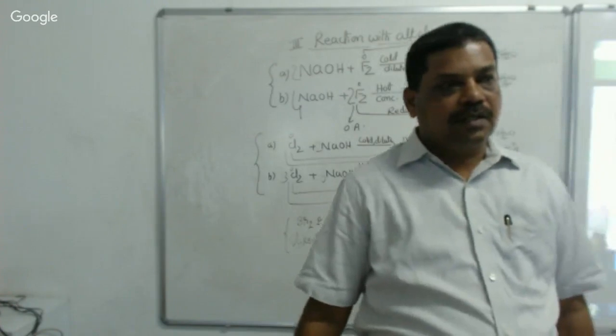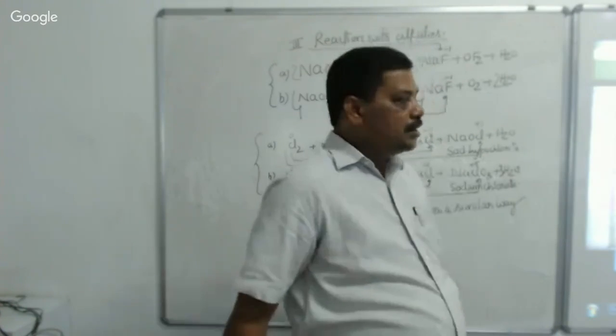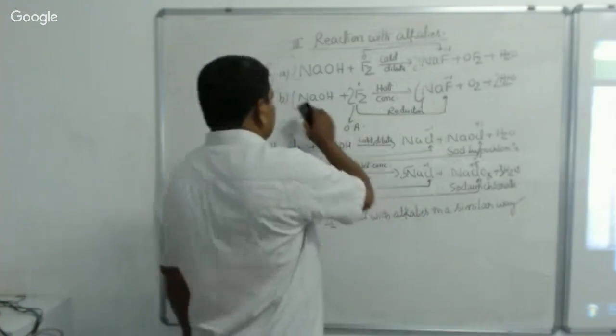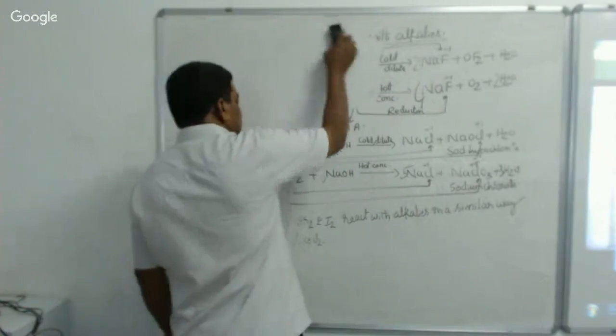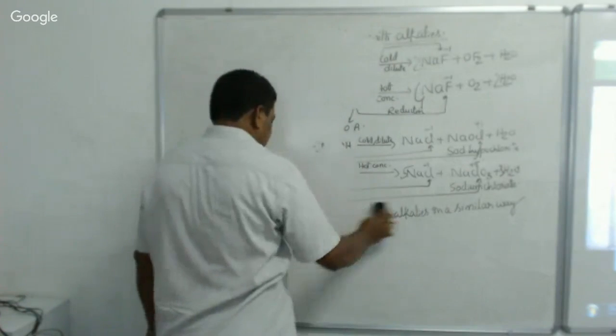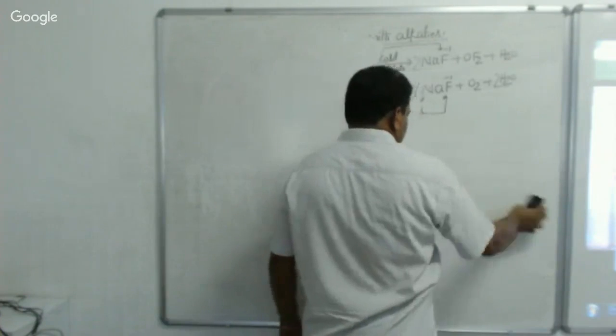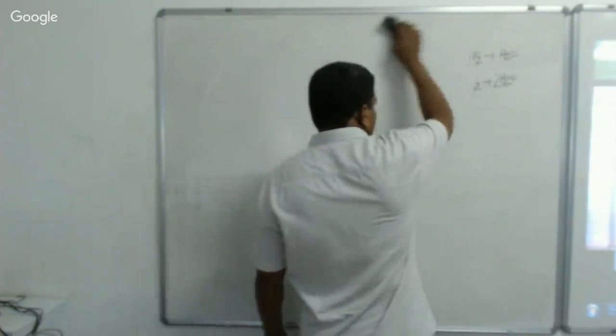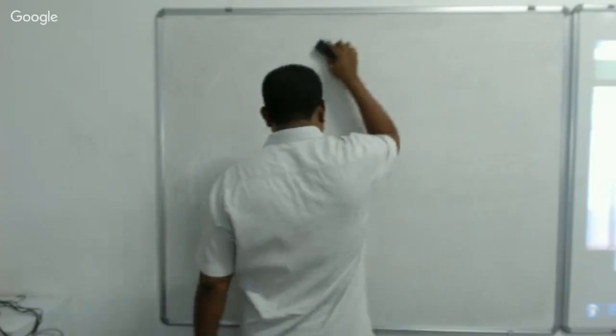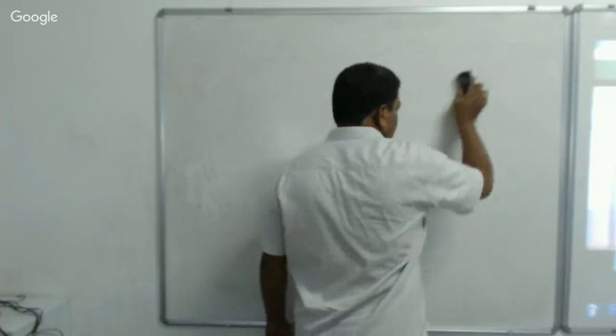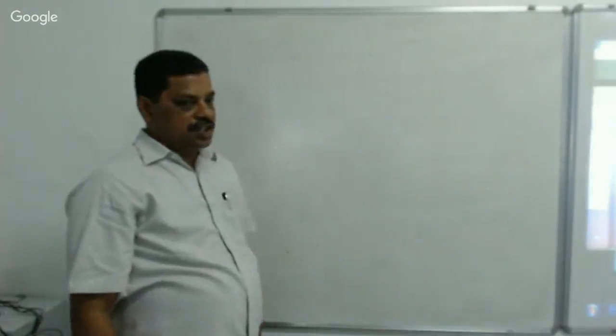Fluorine always undergoes reduction. So this is the reaction of halogens with alkalis. One halogen is undergoing reduction, and the remaining 3 halogens are undergoing disproportionation.